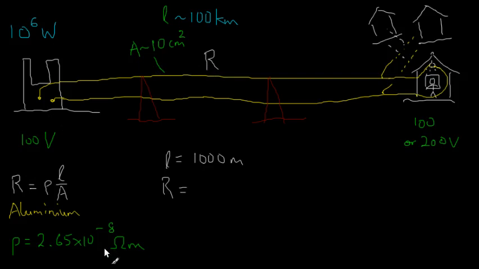So substituting these numbers, I have for the resistivity 2.65 times 10 to the power minus 8, times the length, 1,000 meters, and the cross-sectional area, 10 cm squared, which is 0.001 meter squared.